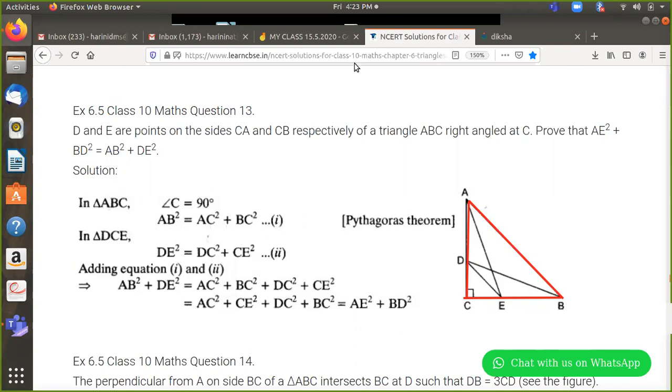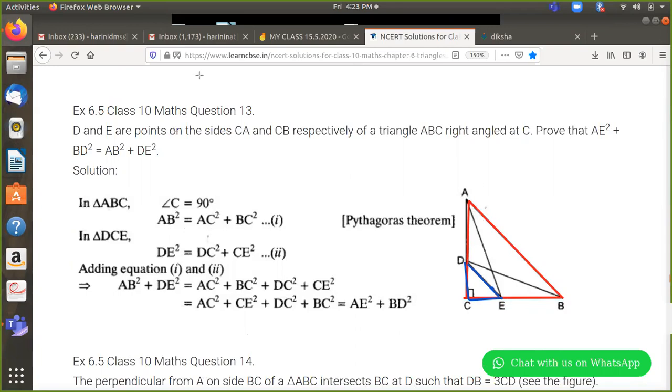Then the next triangle that I shall be taking is the smaller triangle DCE. So I'm going to look at this triangle DCE. Can you look at the smaller triangle there? That's also a right triangle whose hypotenuse happens to be DE.